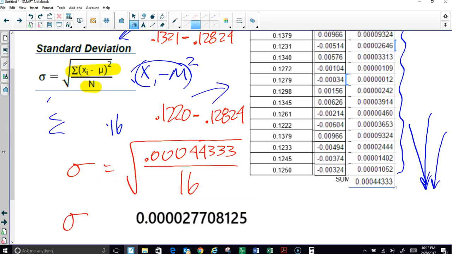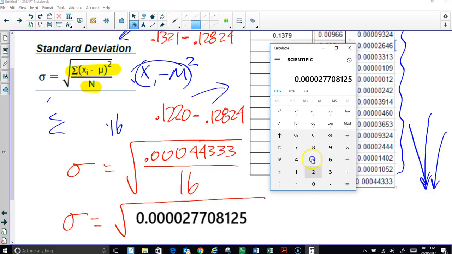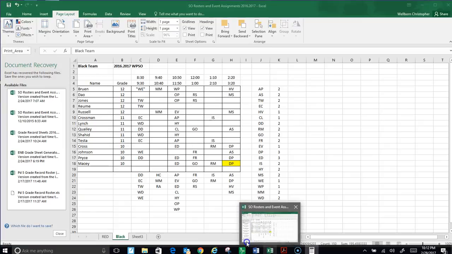The standard deviation is going to be equal to the square root of that number. I'm going to use my square root key on my calculator, which looks like this little guy right here. I hit square root. Boom. There it is.